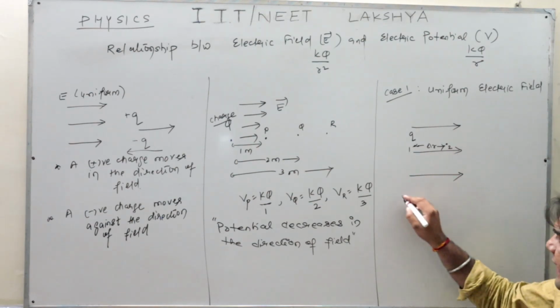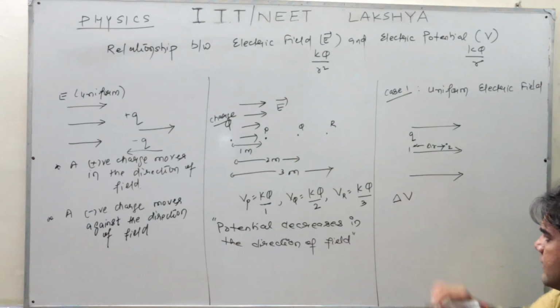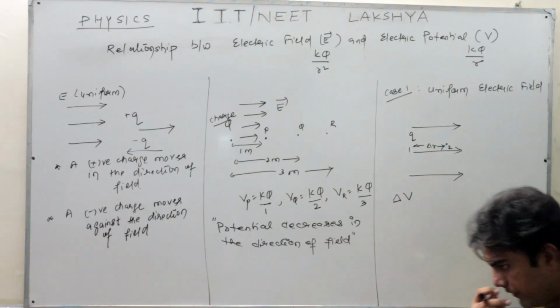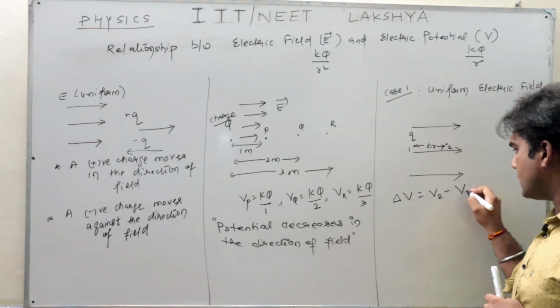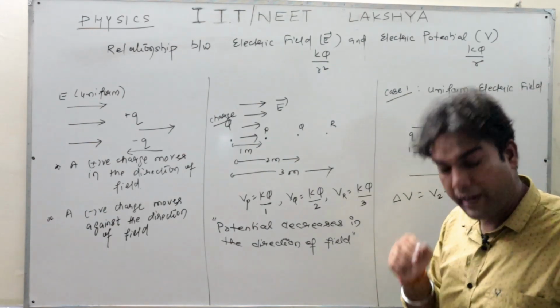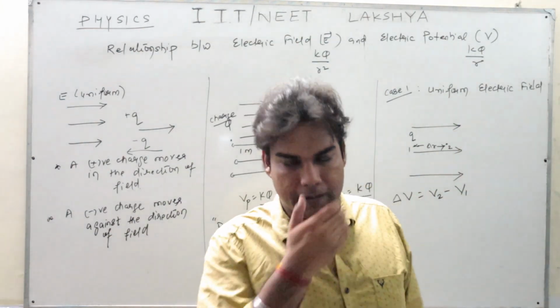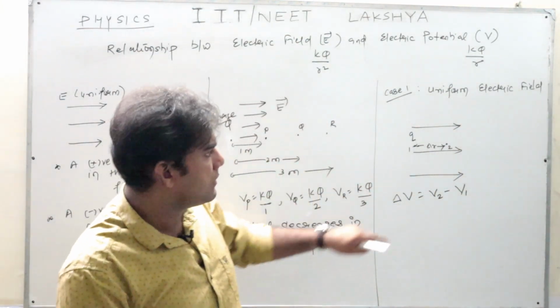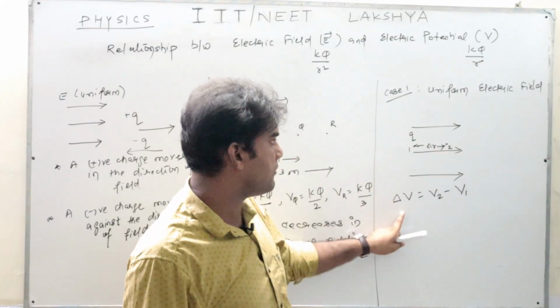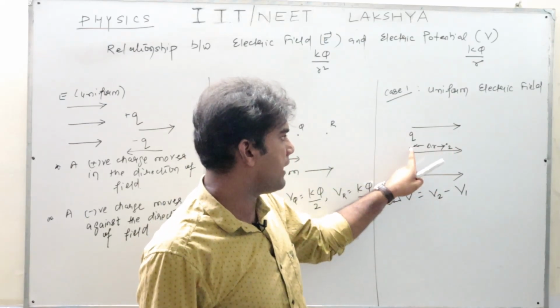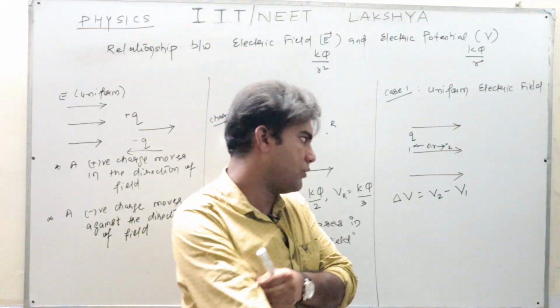So how will I write the potential? Delta V. Delta V, dear students, you know very well what is delta V. Delta V is V2 minus V1. Remember, delta V, final potential minus initial potential. So here the charge has to be taken from point 1 to point 2. So I am writing delta V, final potential at point 2 minus potential at point 1, V2 minus V1.